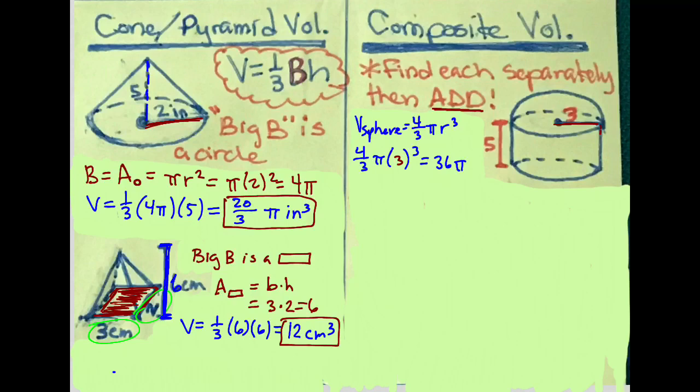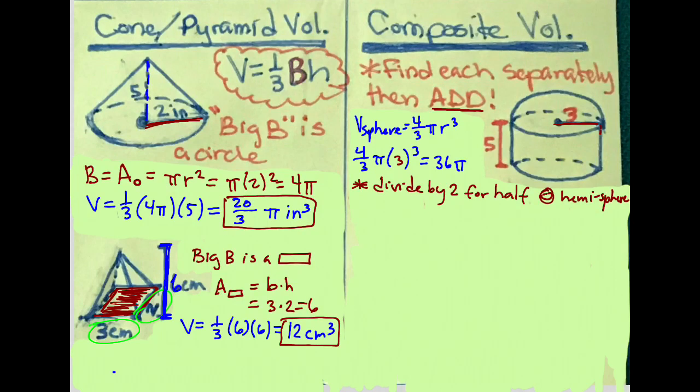But remember, it's key that we put this as a note, to divide by 2 for half the sphere. I'm just going to put a little sphere right there. It doesn't look like a sphere, but you can put hemisphere.